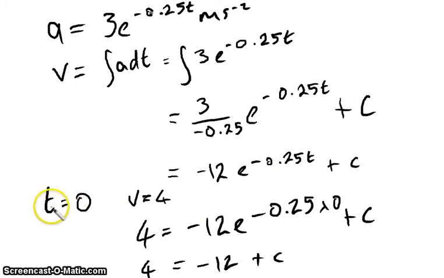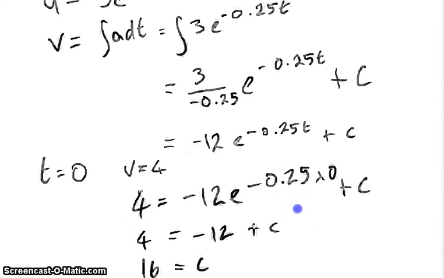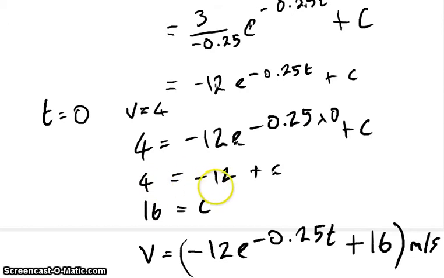Now, there were some initial conditions given in the question, and you can use those initial conditions to solve and find the constant. Okay, so that's what we've done here. I've plugged in the results. So the velocity is 4, the time is 0, and then moving through, we get that 4 is minus 12 plus c.